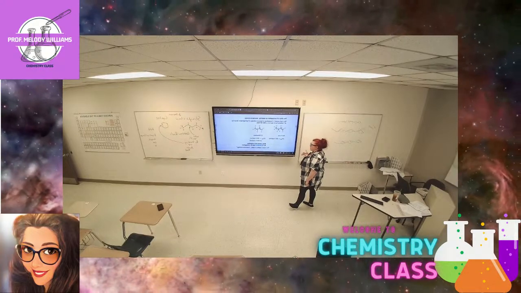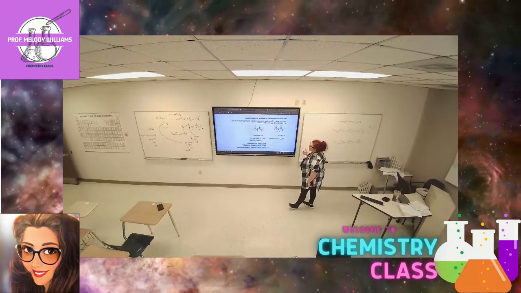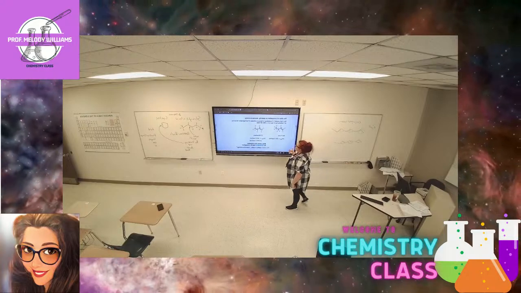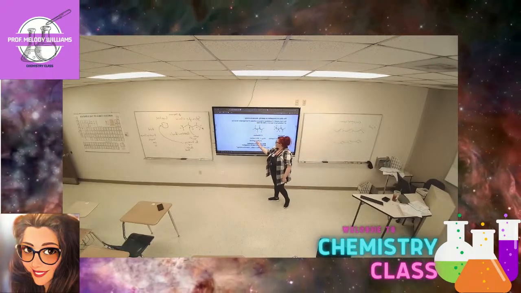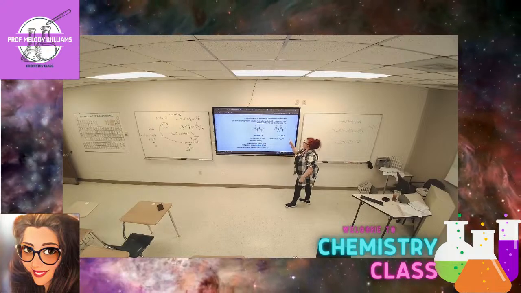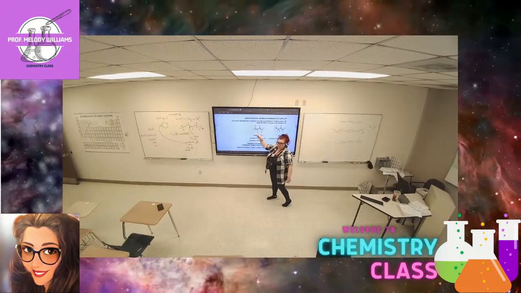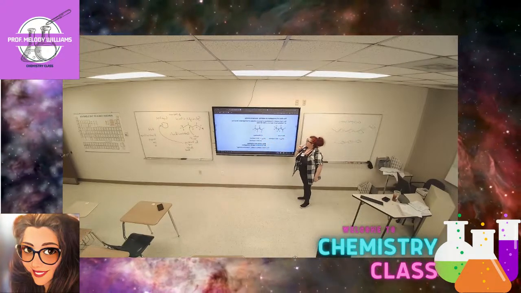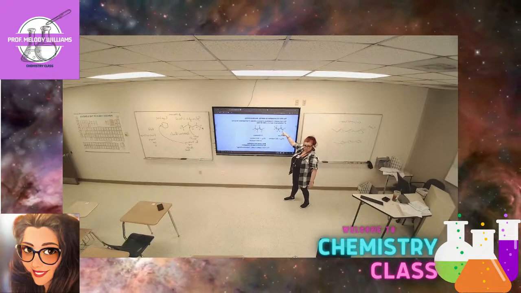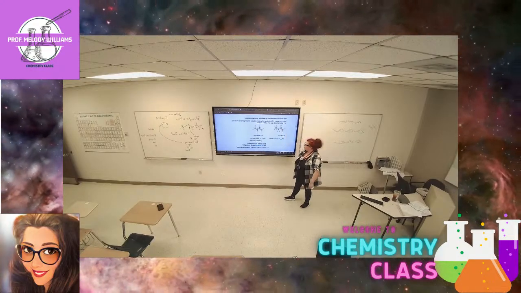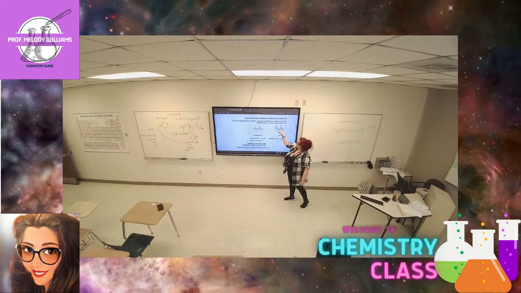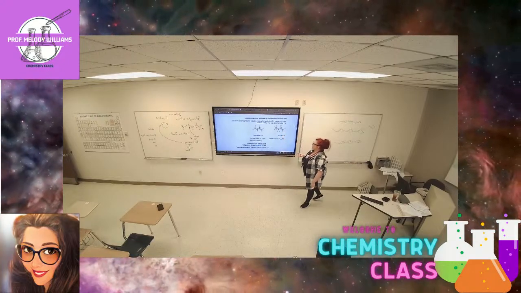We call this resonance energy. Because the electrons are able to move, it lowers the energy associated within those bonds. And since this one can't move and the electrons are stuck in that double bond, it increases the energy associated with those bonds with hydrogen.